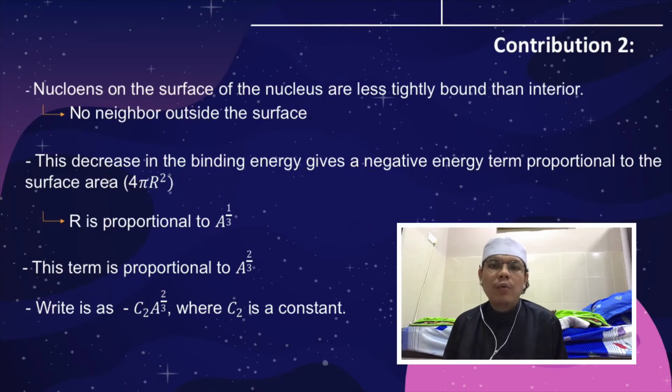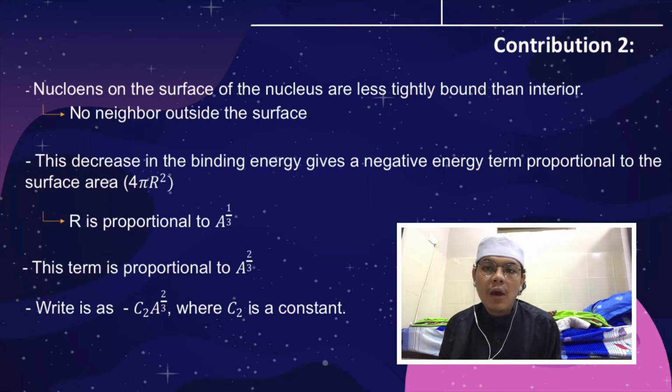Okay guys, so we continue with contribution number 2. Contribution number 2 is that the nucleons on the surface of the nucleus are less tightly bound than those in the interior. Why do I say so? This is because they have no neighbors outside their surface. So this decrease in the binding energy gives a negative energy term which is proportional to the surface area.